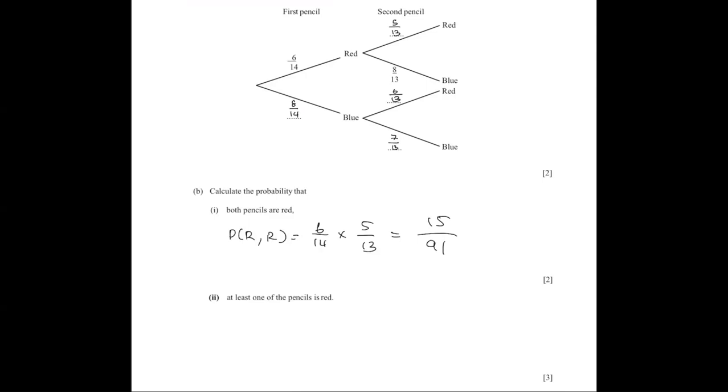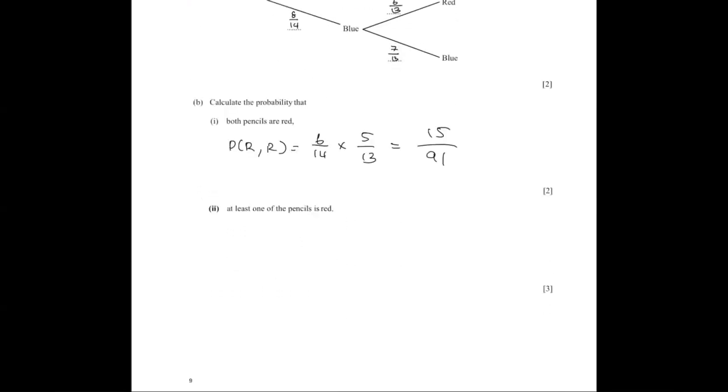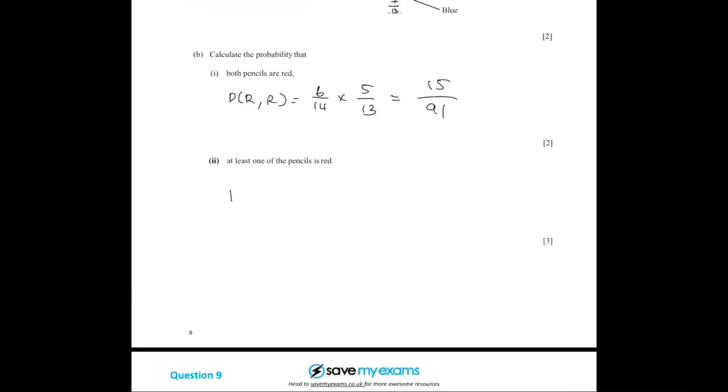At least one pencil is red. If it's an at least question, you might need to use 1 minus the probability of not red, because we want at least one pencil is red.